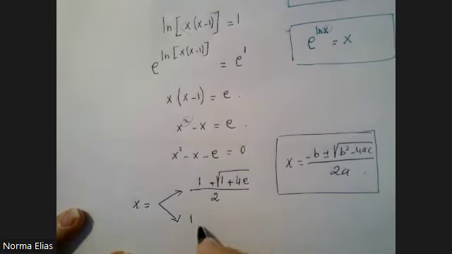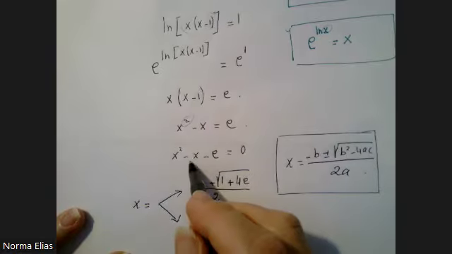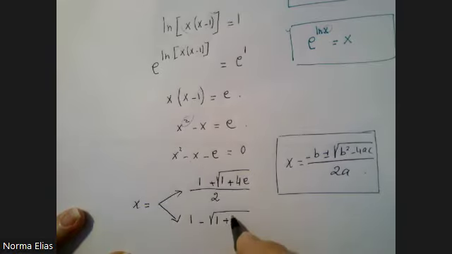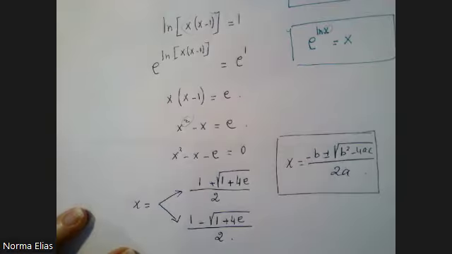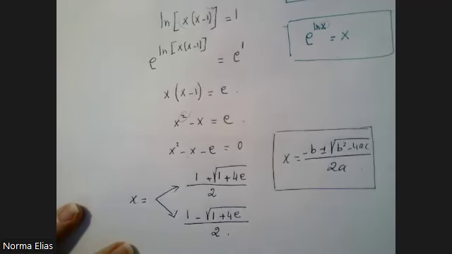And the other one is going to be 1 minus the square root of b squared minus 4ac, divided by 2. So these will be both solutions that the equation has. Are you with me on how I use the quadratic?